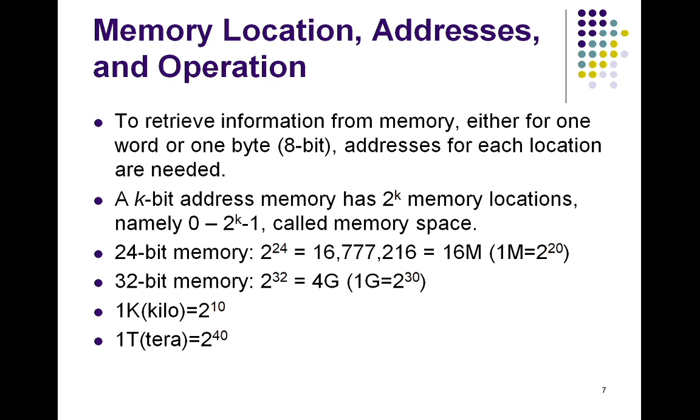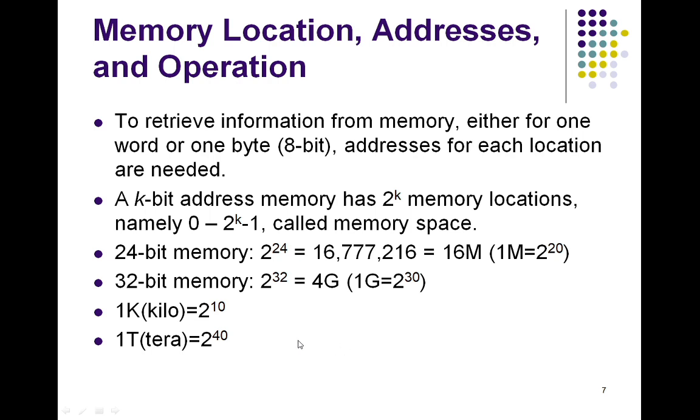The other notational conventions commonly used are K, where K stands for kilo, and kilo means 2 raised to 10. Then one more notation is capital T, that is tera. Tera means 2 raised to 40. So these are the most commonly used notations: M stands for mega, G stands for giga, K means kilo, and T means tera.